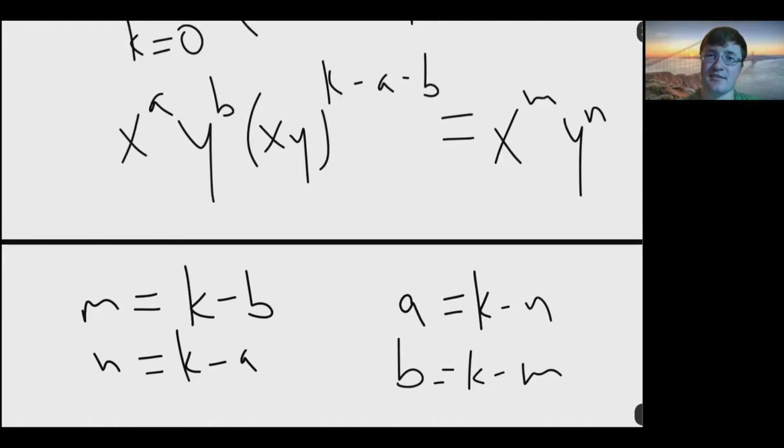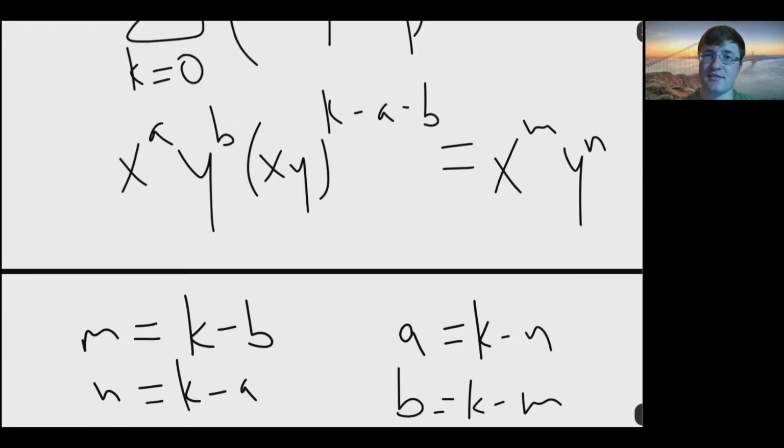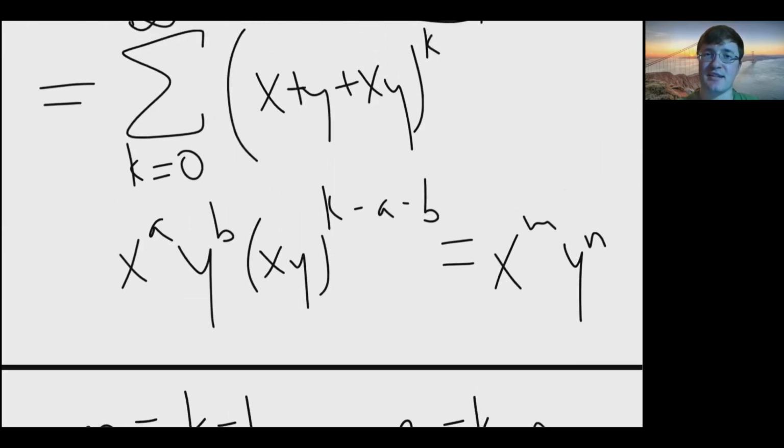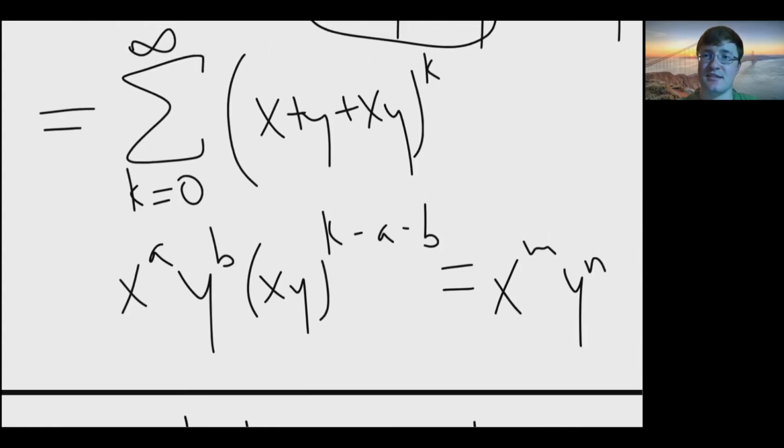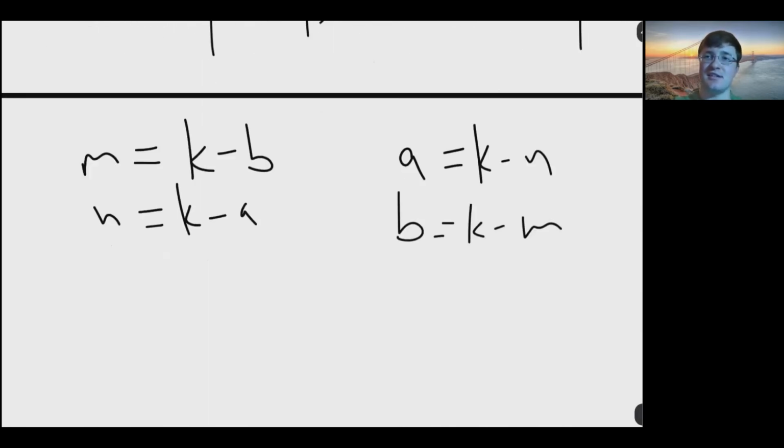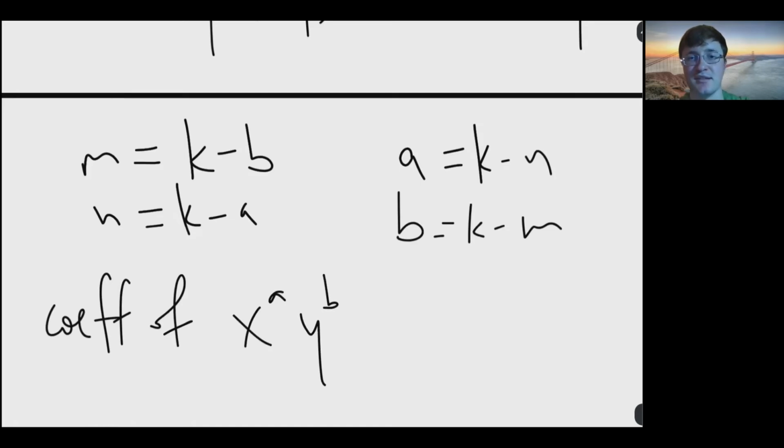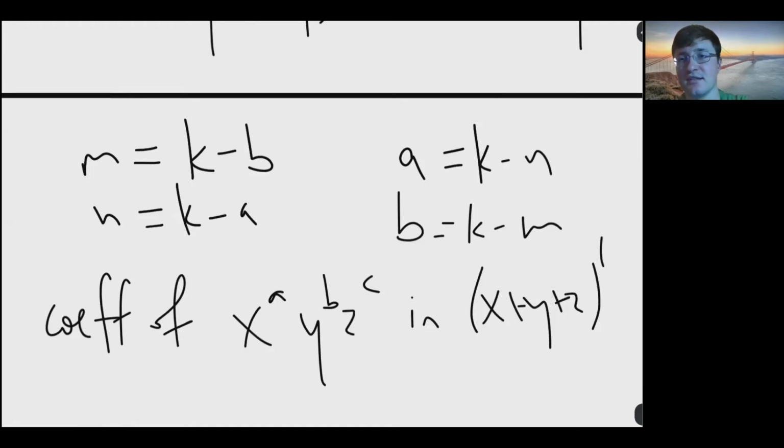Okay, and now I just look at the coefficients. So I need k minus n x's from expanding this, k minus m y's, and then the rest will be xy's. So in general, the coefficient of x to the a, y to the b, z to the c in x plus y plus z to the k is a multinomial coefficient.